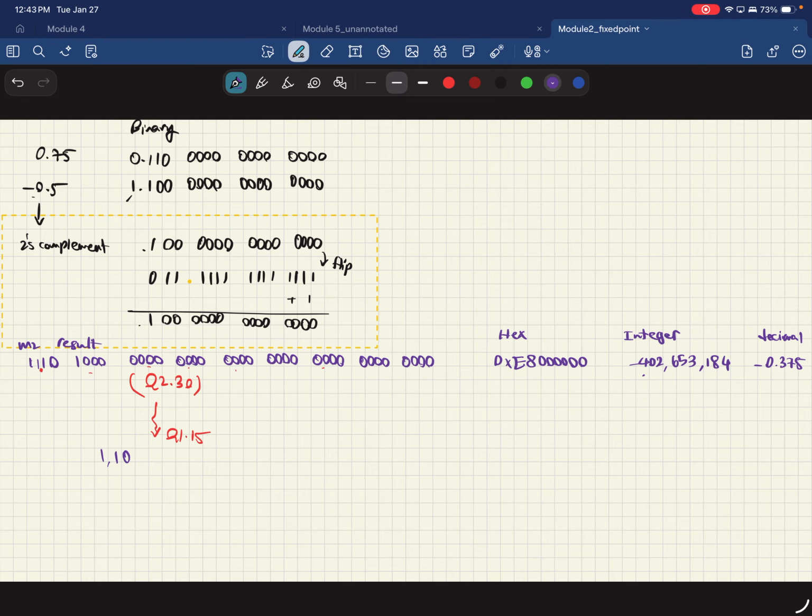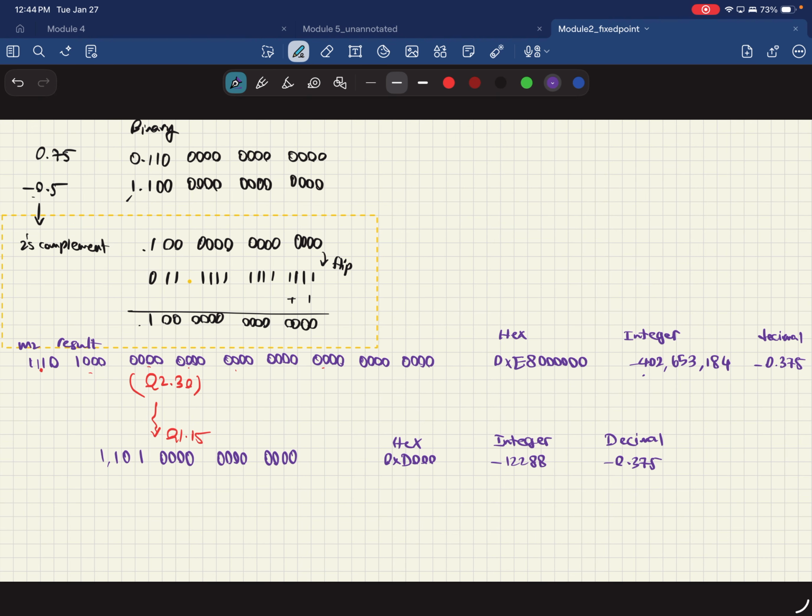So 1, 0, 1, 0, 0, 0, 0. And you can see that in hex, this would be 0xD000. In integer, it's minus 12288. And then in decimal, it's minus 0.375.